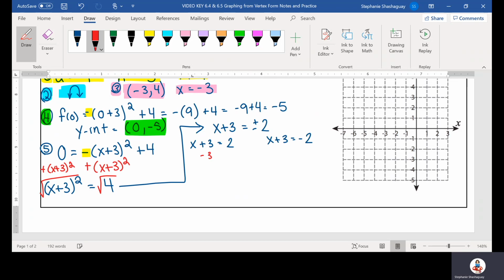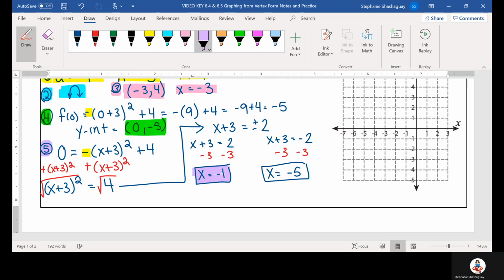If I subtract 3 from both sides, x is equal to a negative 1. There's 1 x-intercept. And over here, I need to subtract 3 from both sides, and I get x is equal to a negative 5. And those are the two solutions for this function.